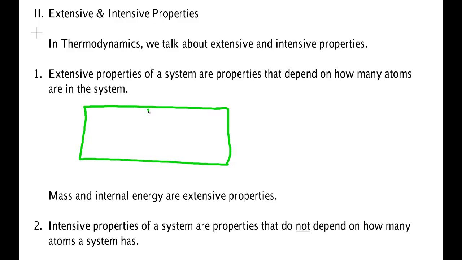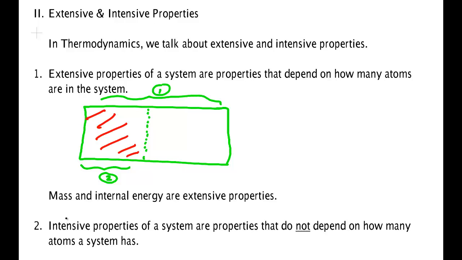And I was to go along that block, for instance, and split it into a smaller block. So originally I had the big block, and then somebody decided just to come and take only that part of the block right here. Would the second block have the same reading for mass as the first block? No, because I have less of the stuff.